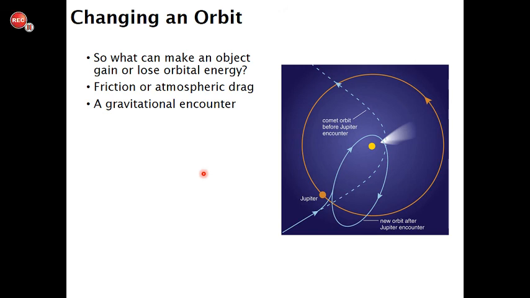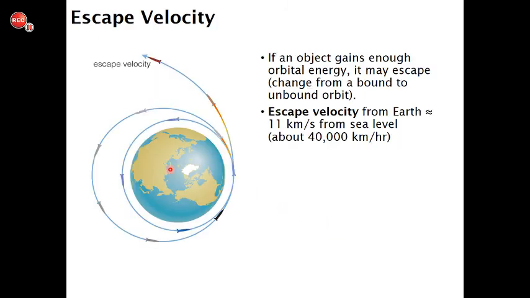And even if there's a very tenuous amount of air, there's still particles there. And so there's friction and atmospheric drag. It can happen. But usually, when we talk about sending spacecraft somewhere, or when we talk about orbits amongst objects changing, it's gravitational encounters. Or it could be rocket motors. We could attach a rocket motor to the thing and try to launch it somewhere.